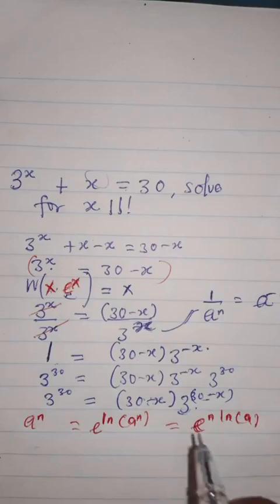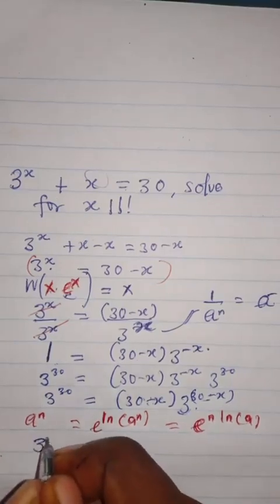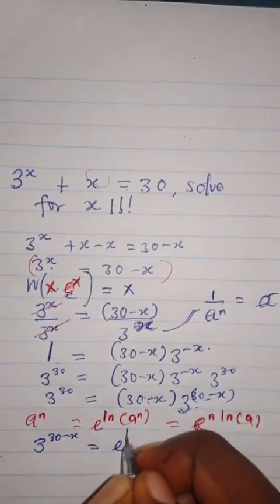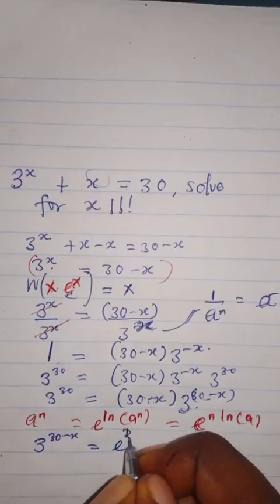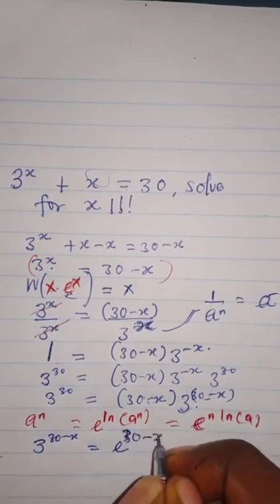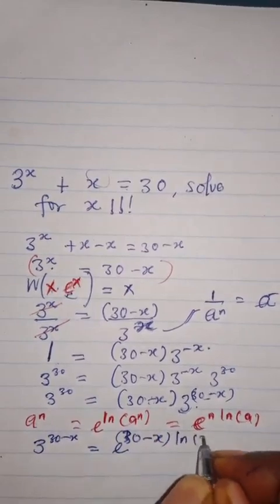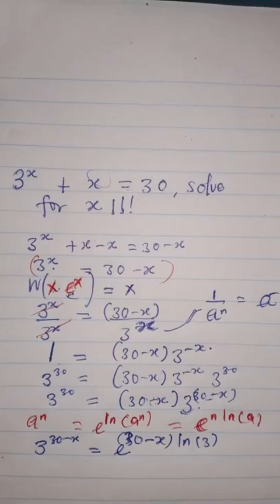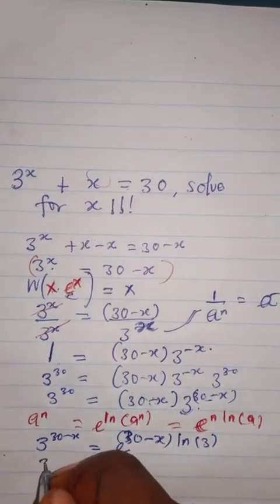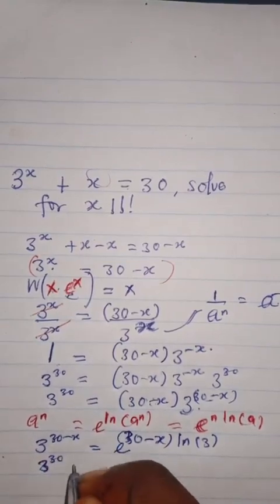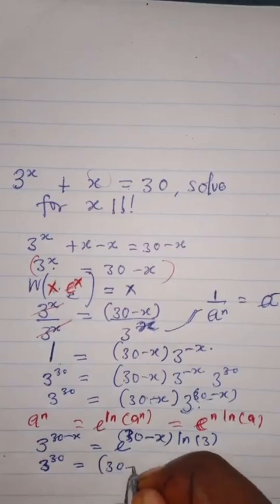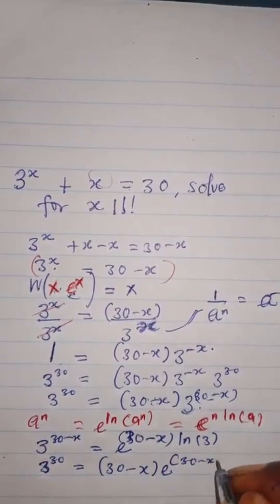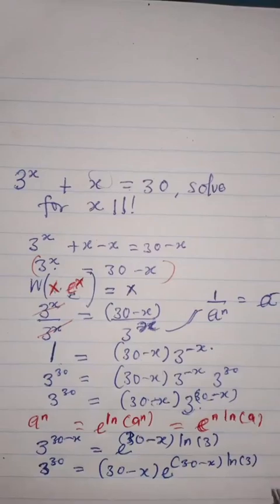So if we rewrite 3 raised to the power of 30 minus x, this could be e raised to the power of 30 minus x, then multiplied by natural log of 3. Okay, so we have that. Then I'm going to have 3 raised to the power of 30 is equal to 30 minus x multiplied by e raised to the power of 30 minus x multiplied by natural log of 3.